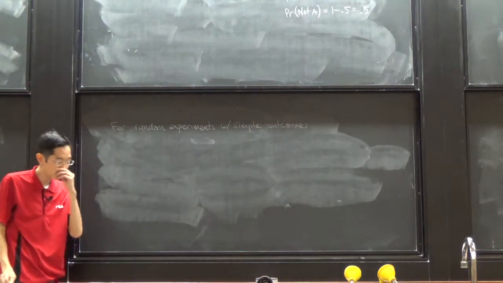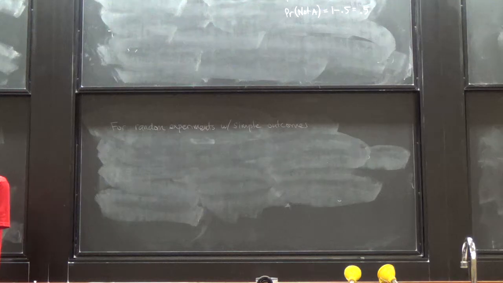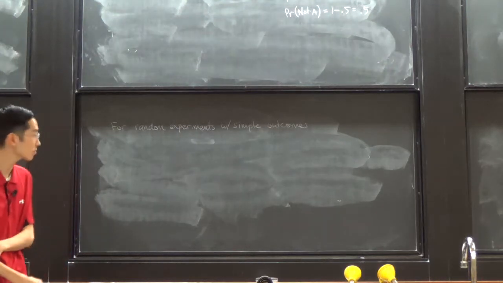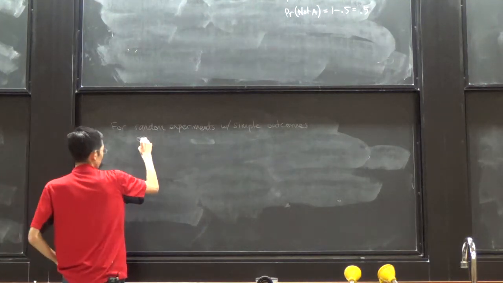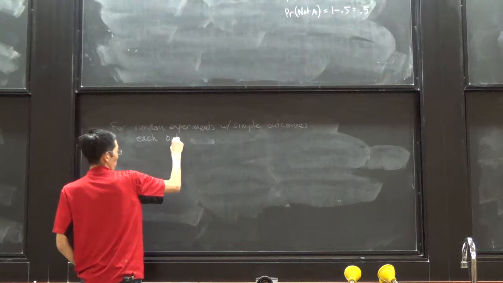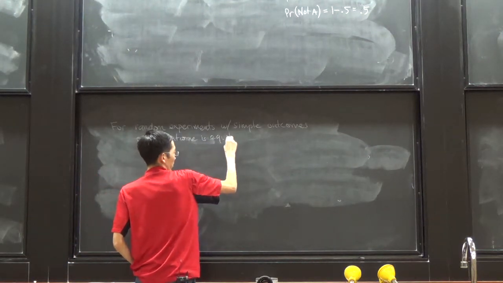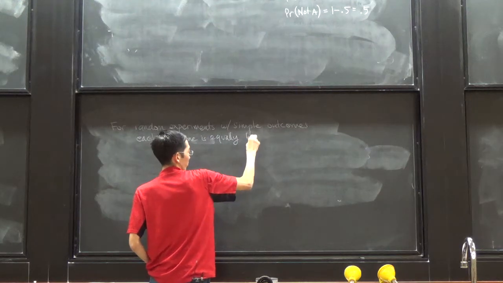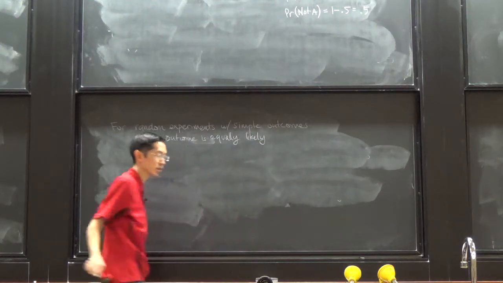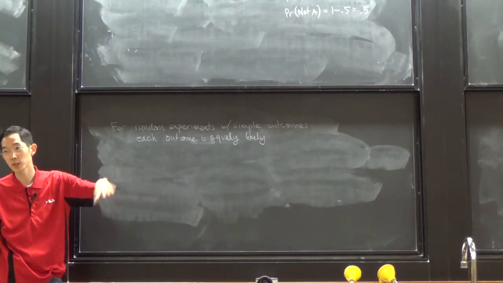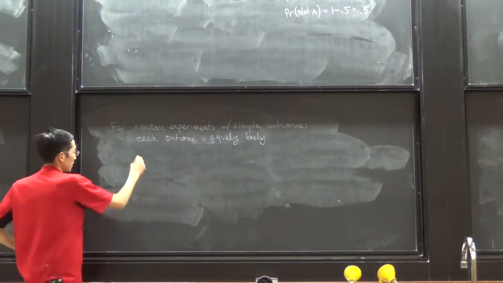Simple outcomes. These are experiments where every outcome is equally likely. So this would be things like flipping a coin, because getting heads is equally likely as getting tails.